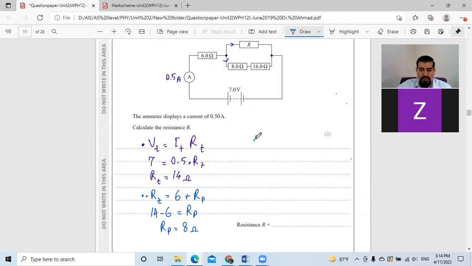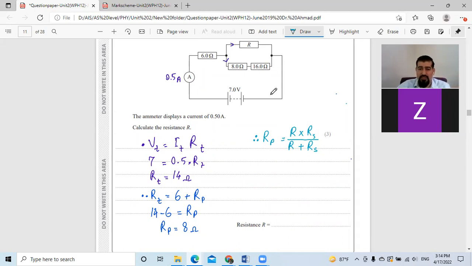what we are going to say is that the R parallel equals R, the unknown, times the R in series, these two, over the unknown R plus R in series, because we know that if we have two resistors in parallel, R1 times R2 over R1 plus R2.